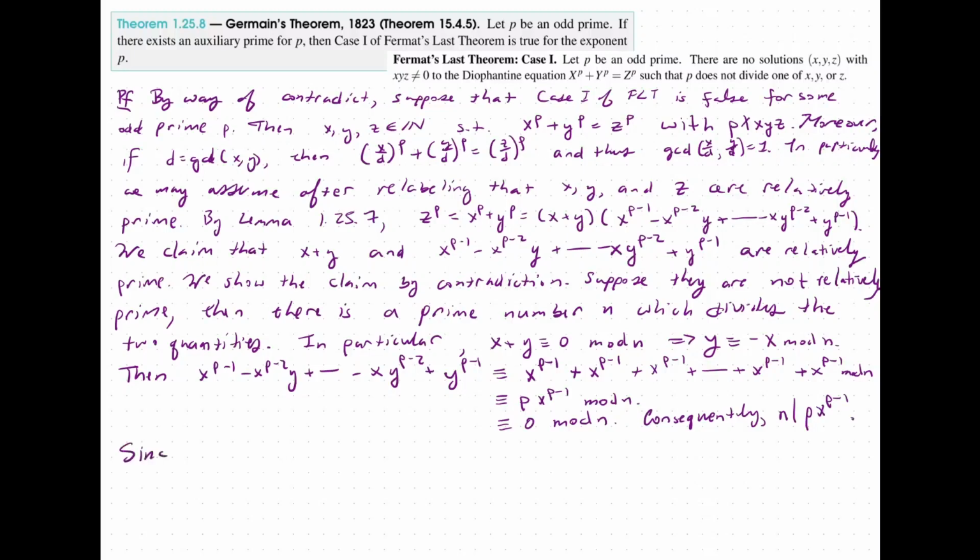Now, since n is prime, we have by Euclid's lemma that n divides p, or n divides x to the p minus 1. Now, if n divides x to the p minus 1, then of course n has to divide x.